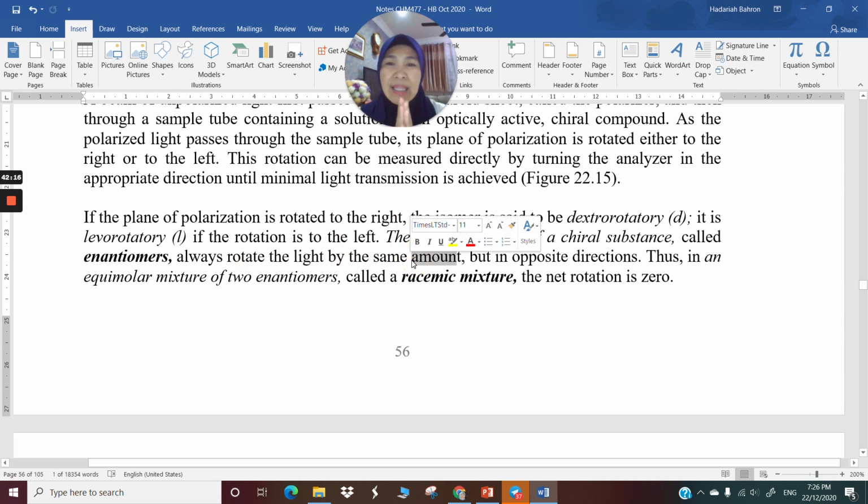If the D isomer rotates the light to the right by 30 degrees, the L isomer will rotate it by 30 degrees to the left.